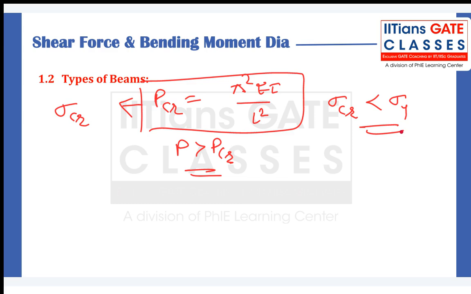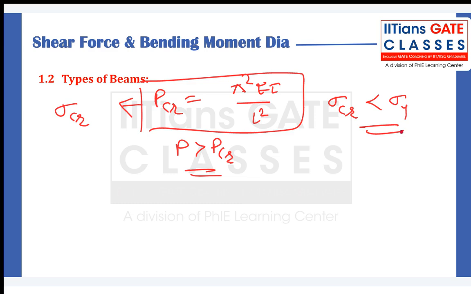So what is going to happen? If your load is greater than critical load and any disturbance happens, either due to wind or maybe due to gust or anything, your structure will fail under buckling.